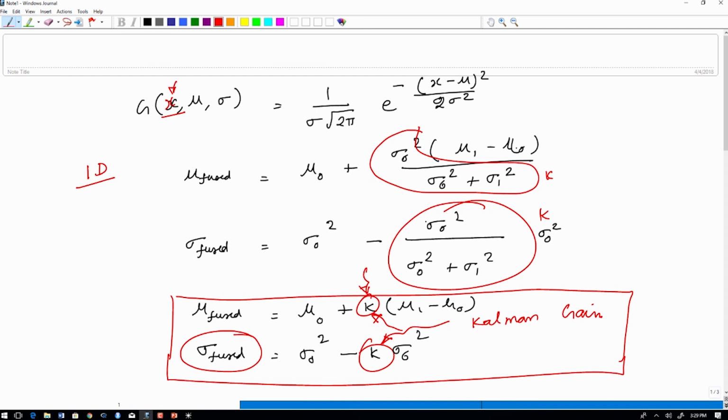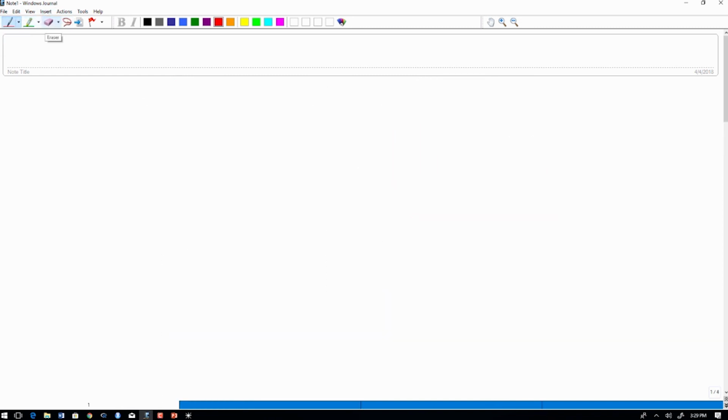Usually the Kalman filter discussion or derivations in textbooks and other materials are in matrix notation. So, I am going to introduce the Kalman filter in matrix notation, again without much mathematical detail, so that you are familiar with the Kalman filter when you come across it in your textbooks.